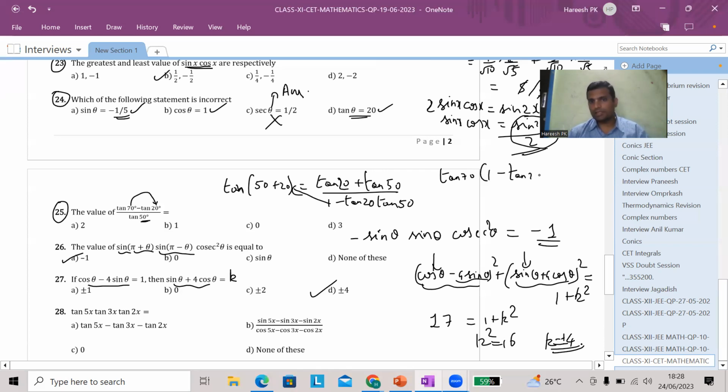Okay, I'm adding this extra step. Now if you multiply, you'll get tan 70 minus tan 70, tan 20, tan 50 equals tan 20 plus tan 50.